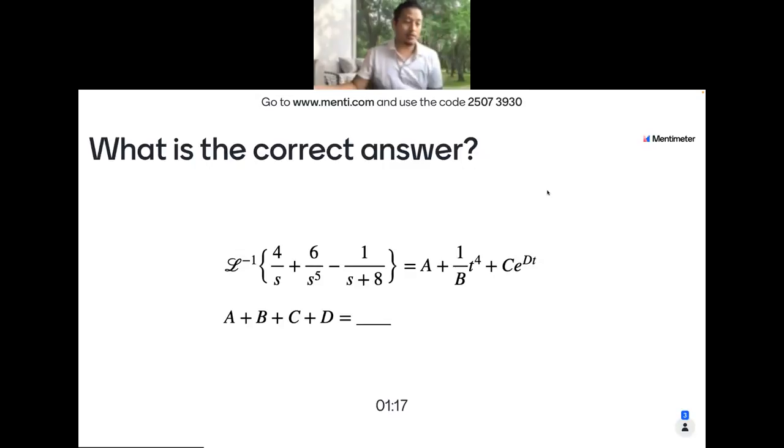And don't forget there will probably be a negative sign, right? Because it has negative 1 over s plus 8, but on the right side it's just plus, so probably there will be a negative 1.